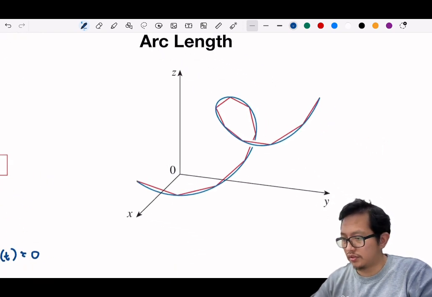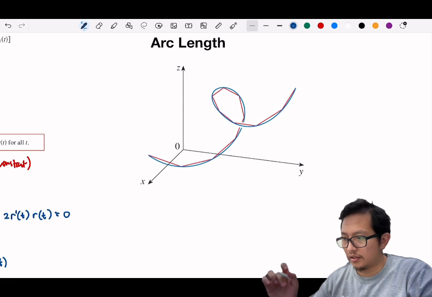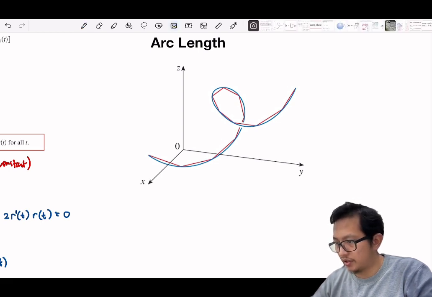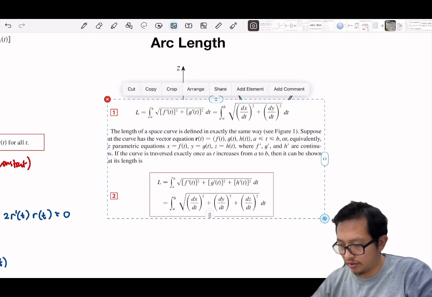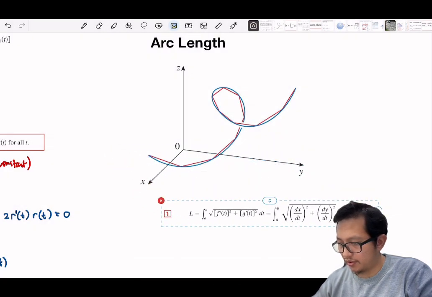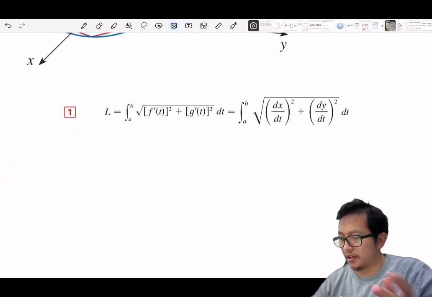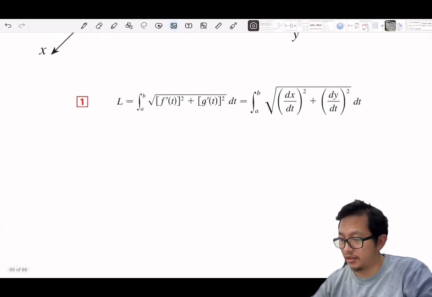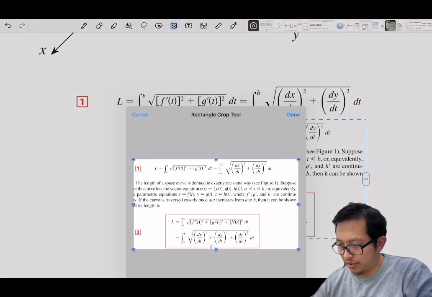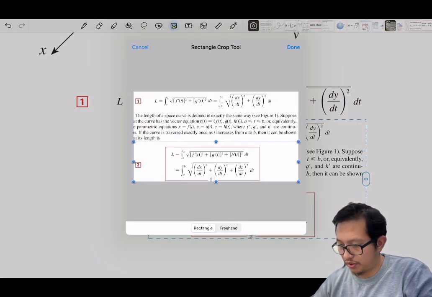Since we have the arc length, we could start from the parametric arc length, which we have done previously.